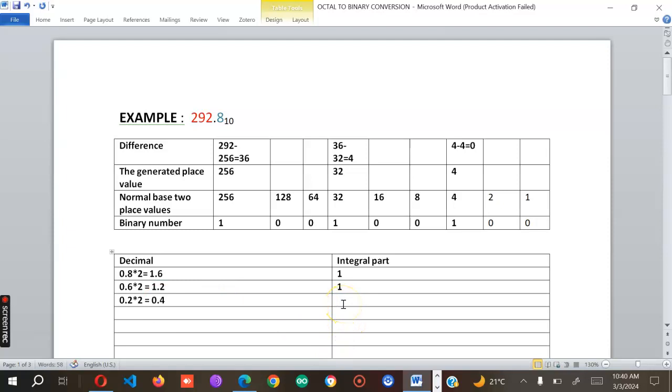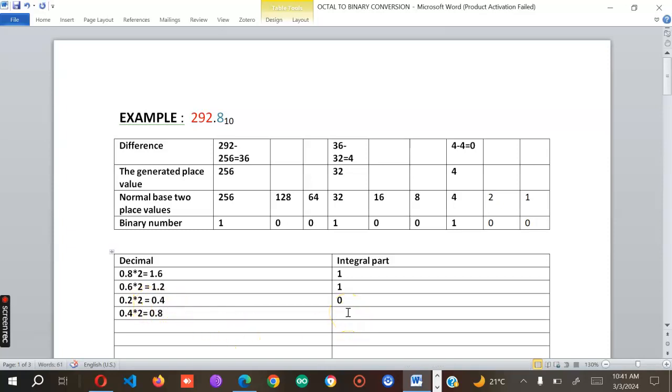So you will have a 0 here, then 0.4 multiplied by 2 is equal to 0.8.